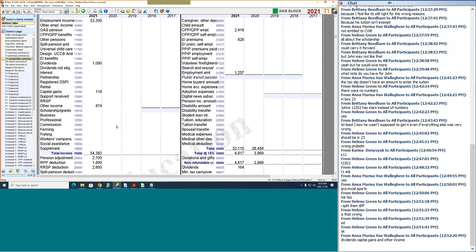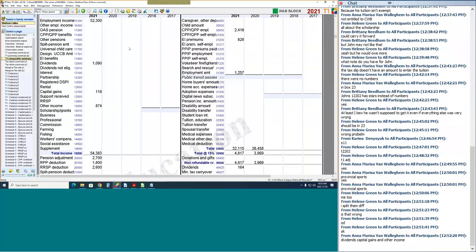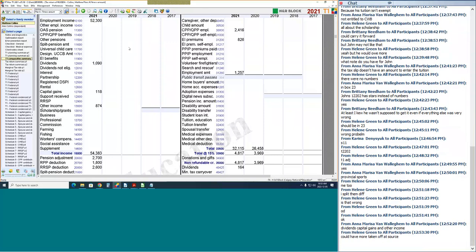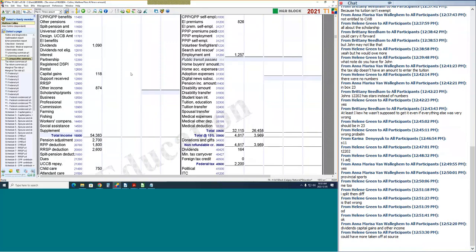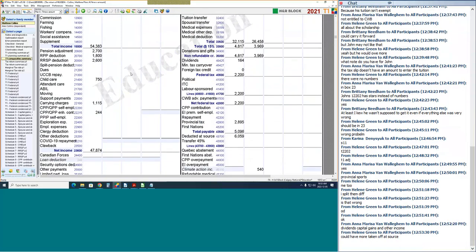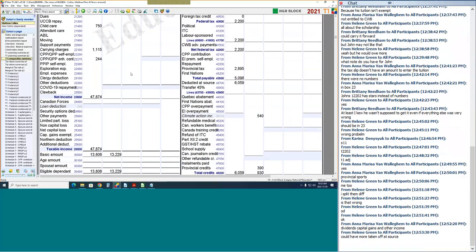He might want to contribute more. I'm going to take a look at those investments and see, is there anything in there that could be sheltered? Is there any way of getting that income off his return? So look at that as well. And he could have more taken off at source, or he could just prepay his own refund. He could decide he wants to save and put some money aside.